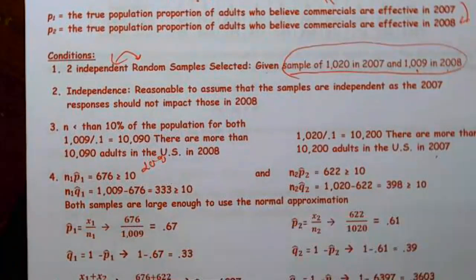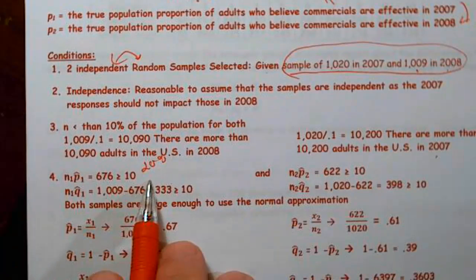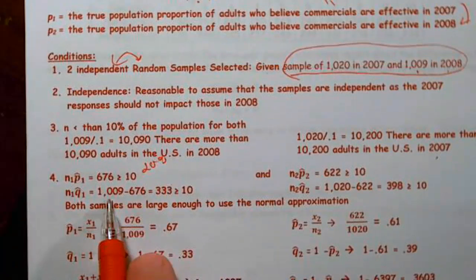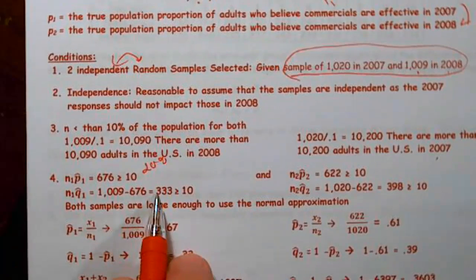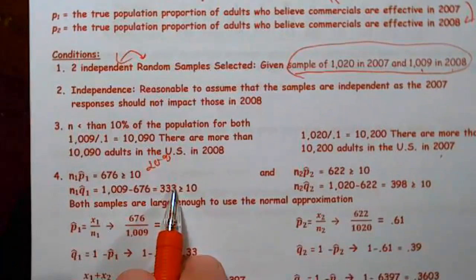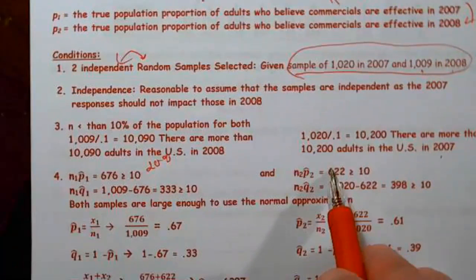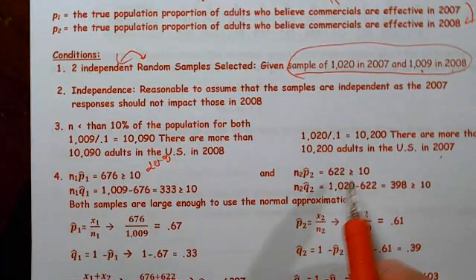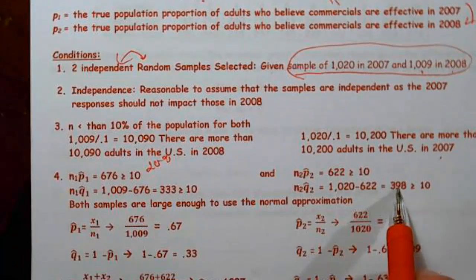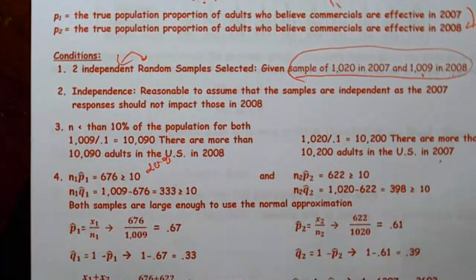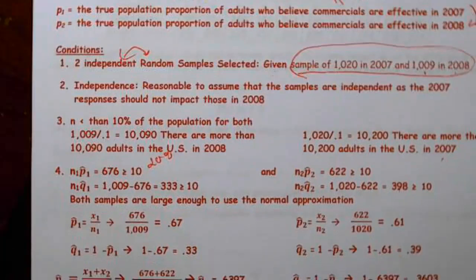In 2008, 676 is greater than 10. Then we subtract, and 333 is also greater than 10. In 2007, 622 was greater than 10. 1,020 minus that, so we're also greater than 10 here. So basically, we are large enough. Unfortunately, I switched my proportions. Please don't do that. That's horrible that I did that.